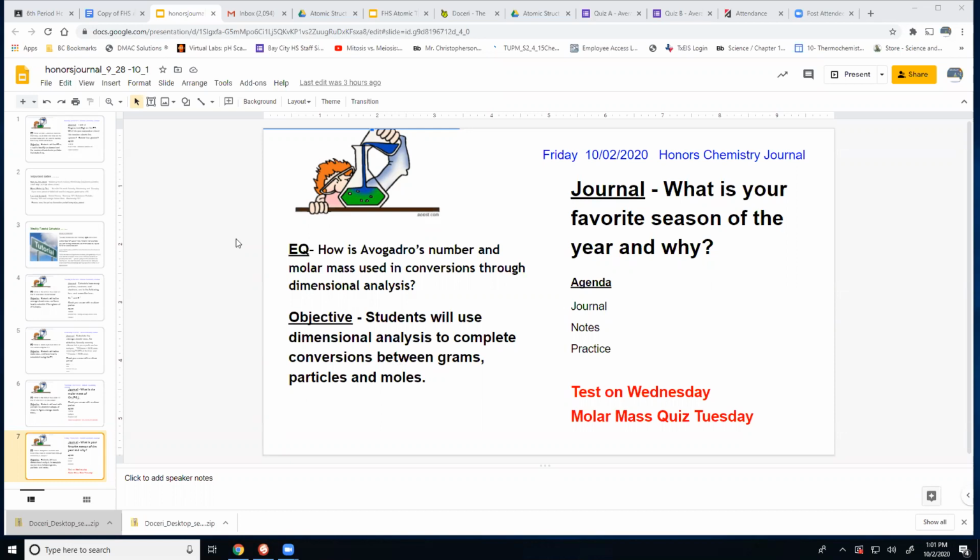All right, I'm going to take that as a no. All right, and so this would be an example of a journal that if you took it whenever we have our journal test, you would want to answer it in a complete sentence to get credit. My favorite season of the year is fall, and then why it is.